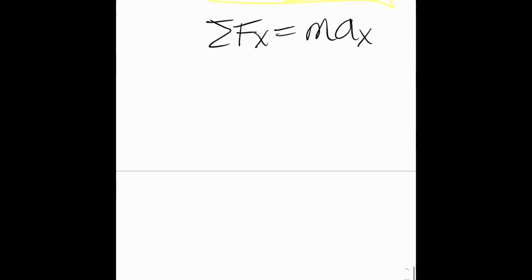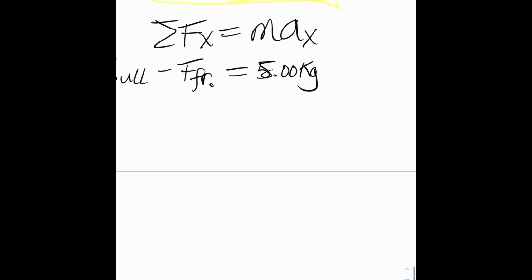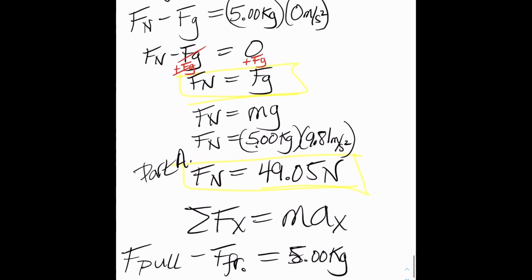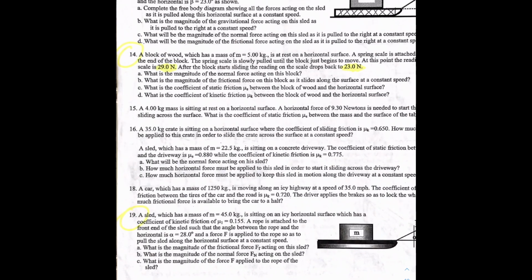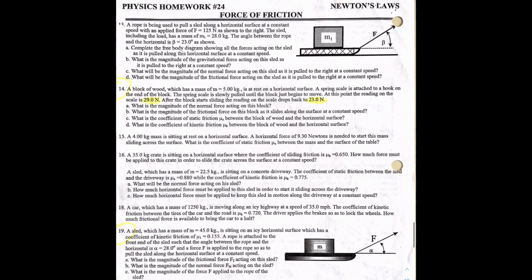So we're saying we have force pull minus force friction. And we have it equal to the mass, which is 5.00 kilograms times the acceleration, which if the block is moving, right, and it says it is moving at a constant speed, I believe it says that.